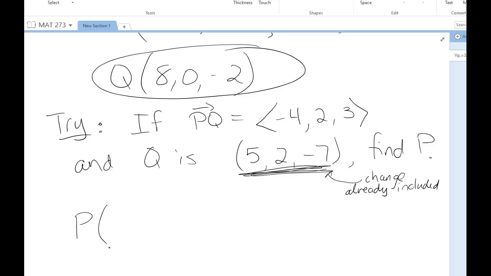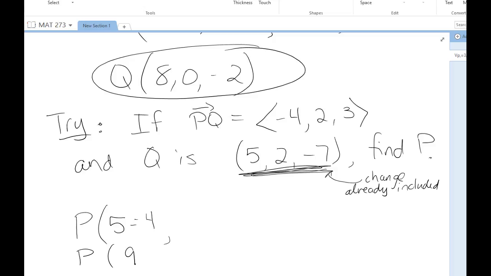So for the X's, we're starting at 5 and we're subtracting -4. What's that going to give us for an X coordinate? 9, which if you look, that means the X coordinate started at 9 and it ended at 5. That makes sense. That's a change of -4.